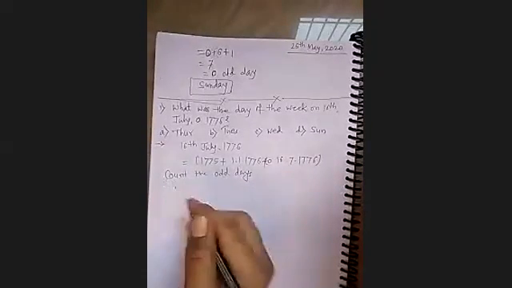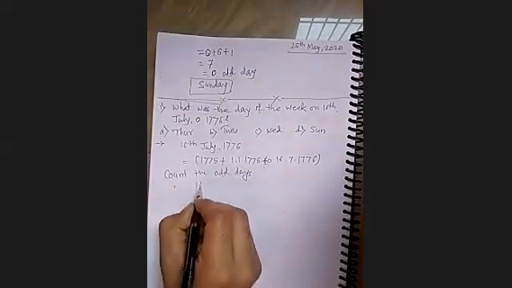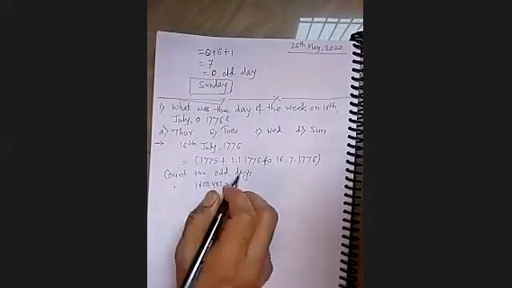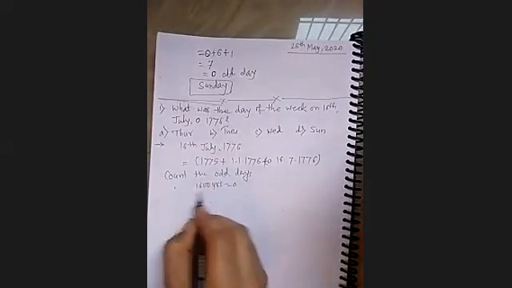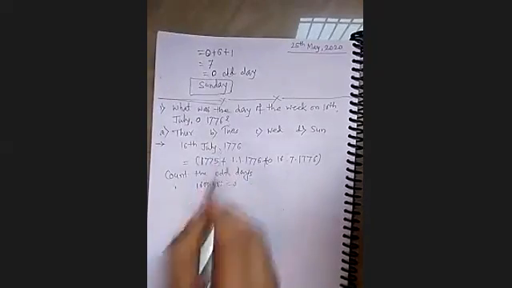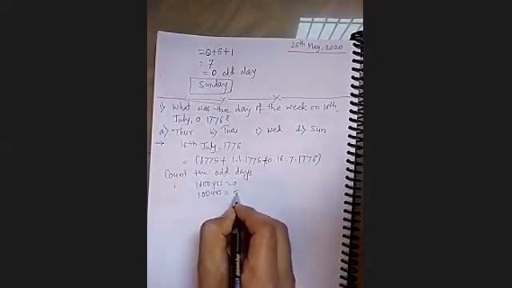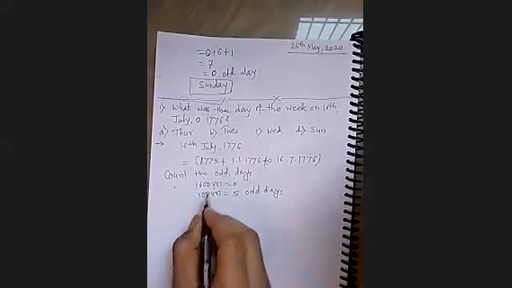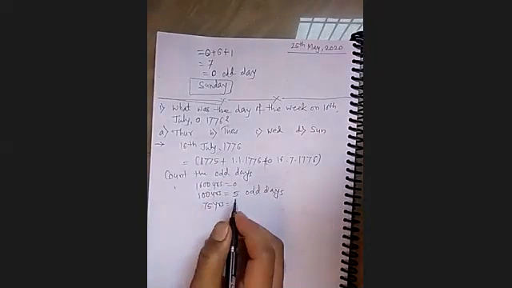So in this particular case, the number of odd days in the 1600 years will be 0, right? That means now you have only 175 years, since the 1600 are subtracted. For 100 years, there are 5 odd days. Further, you have to find out the odd days for 75 years.